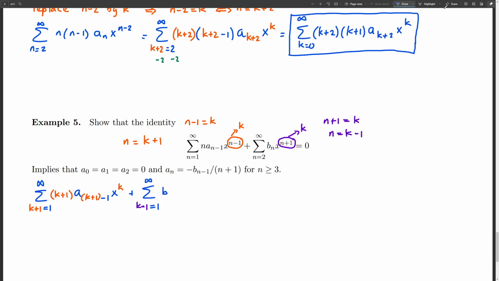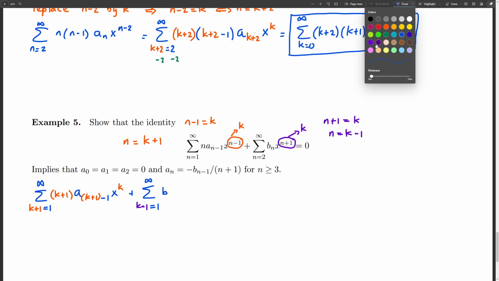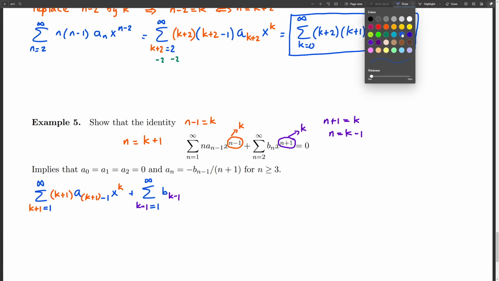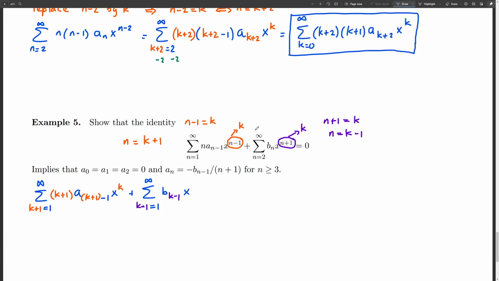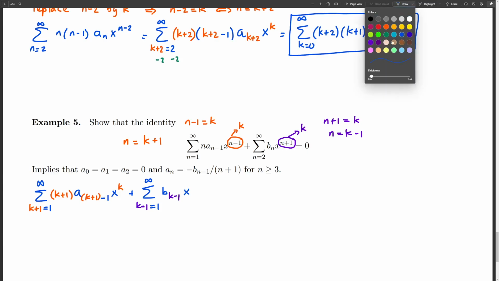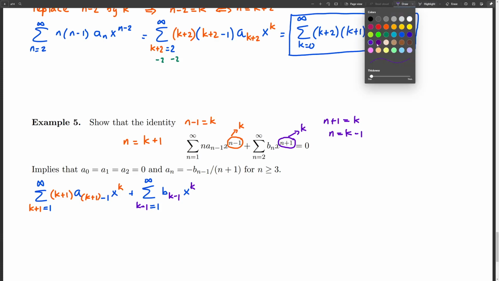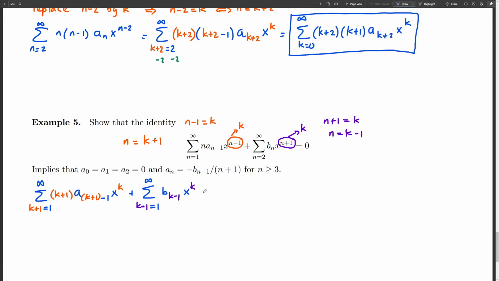Well, n is k minus 1, so we'll replace that by k minus 1, and then x to the power k. And that is still equal to 0.